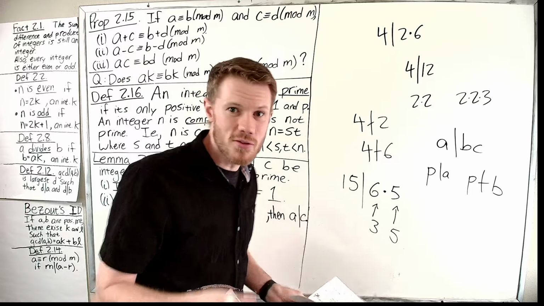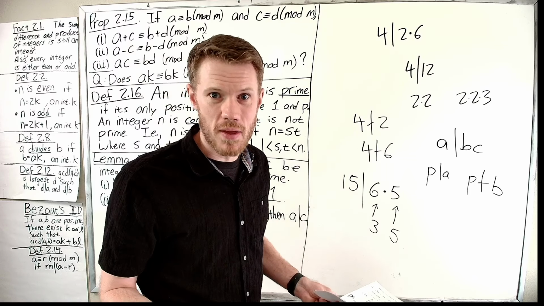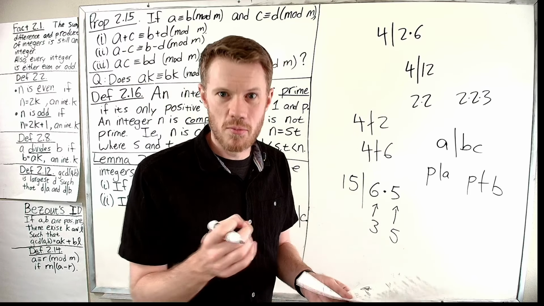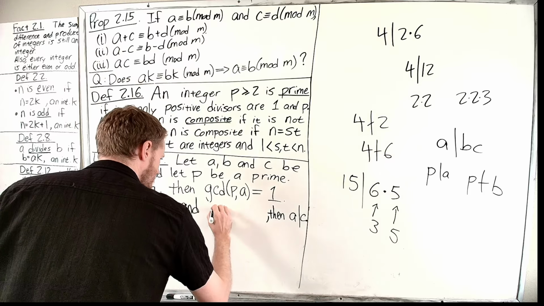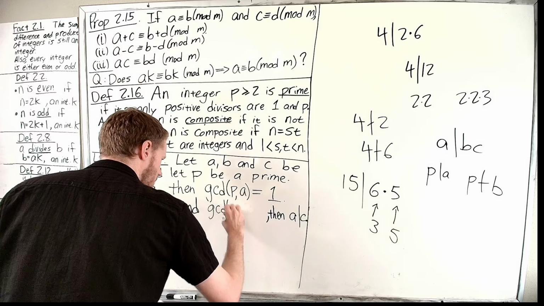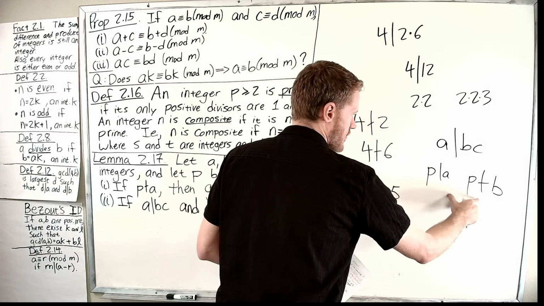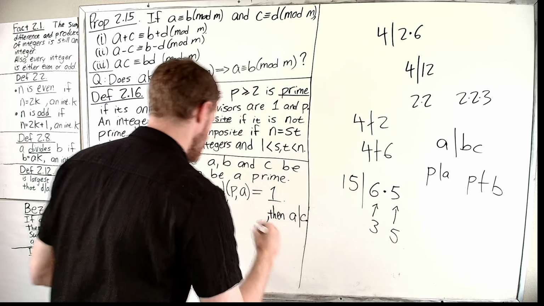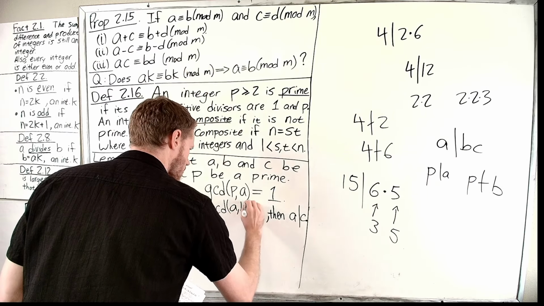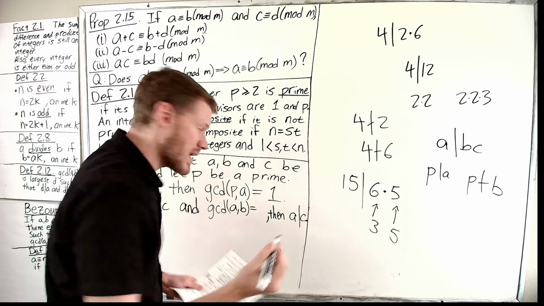But there's actually another tool that we've already been developing that says the same thing in a more succinct way. It's the GCD. If no primes that divide A also divide B, what would that say about the GCD between A and B? It'd have to be 1.